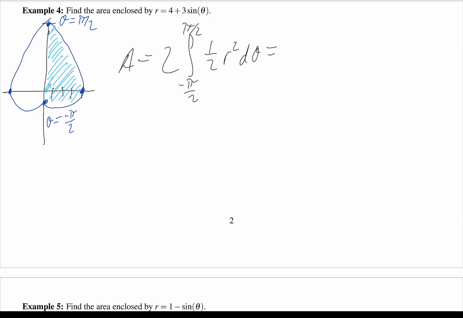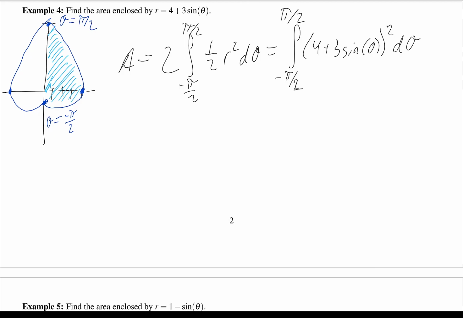So I can pull that 1/2 out, and we'll get the integral from negative pi over 2 to pi over 2. Let's see, r squared, so that's going to be 4 plus 3 sine theta squared d theta. This will be another good time for you to practice integration techniques.